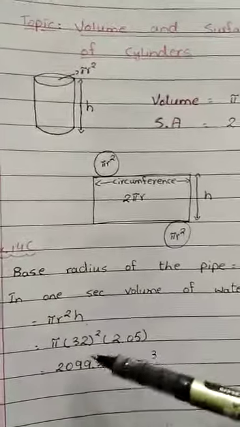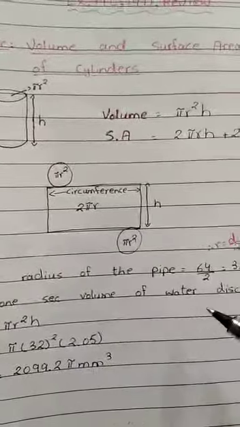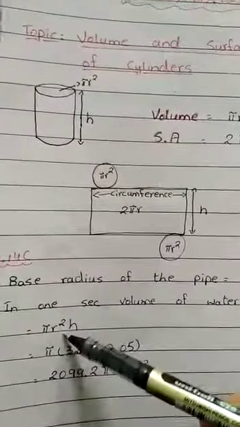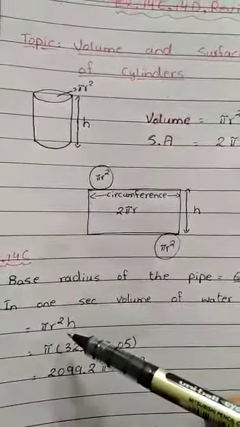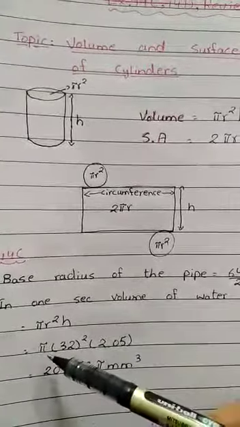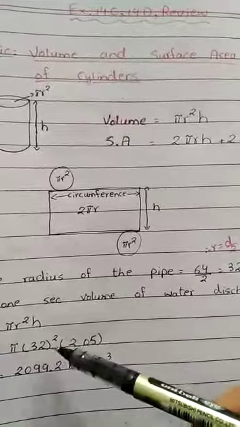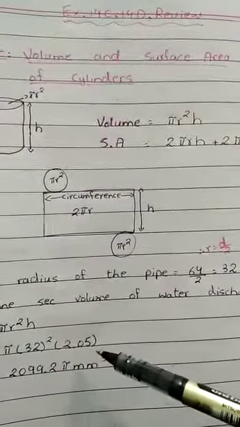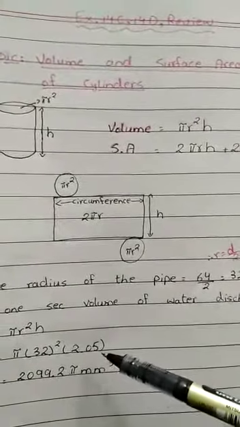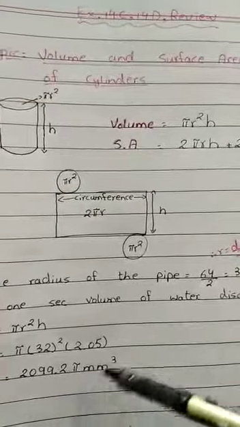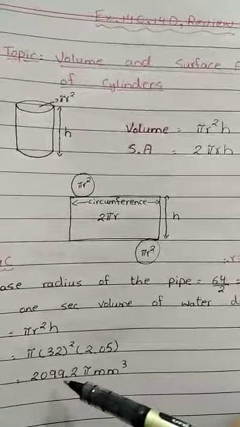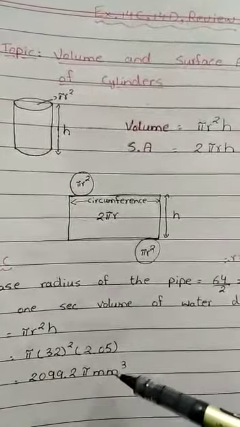So in 1 second the volume of water discharged, using the formula of a cylinder, is pi r square h. So pi into radius 32, which we just calculated, squared, and 2.05 is the height. So pi r square h gives 2099.2 pi millimeter cube.